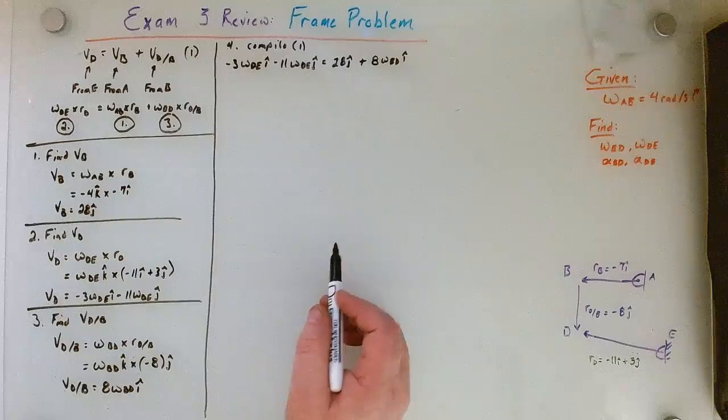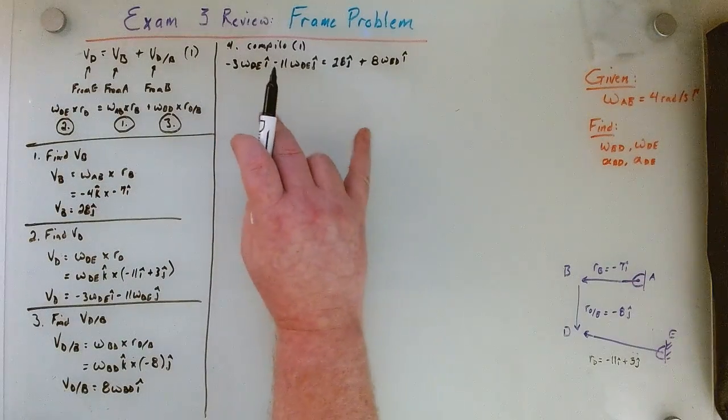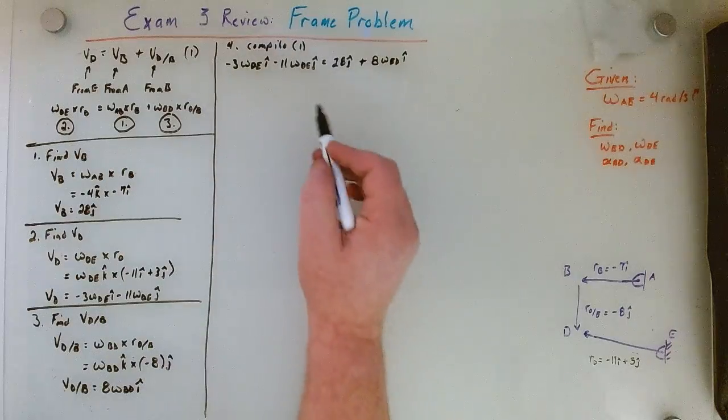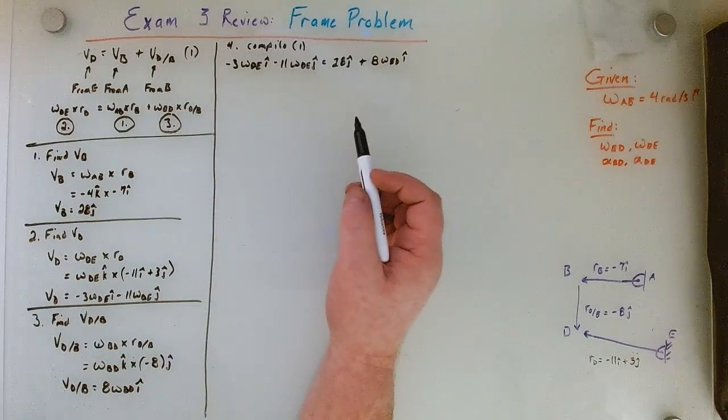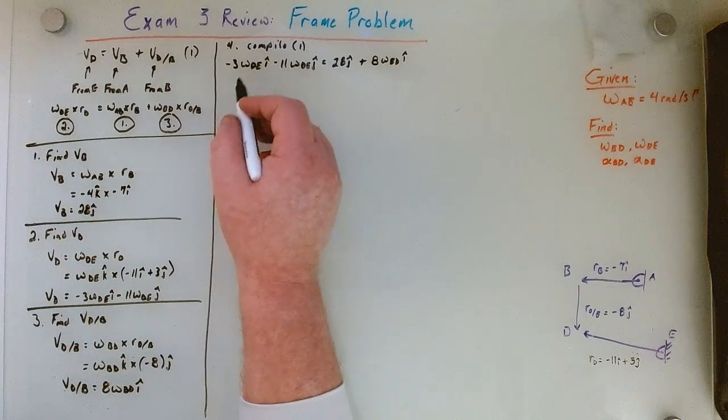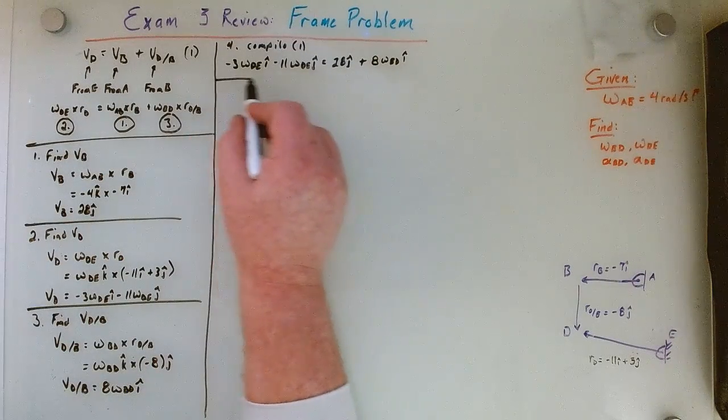If we try to solve in the I direction, we have one equation, 2 unknowns, and if we try to solve in the j direction, then we have one equation. So I guess that gives us a new step.